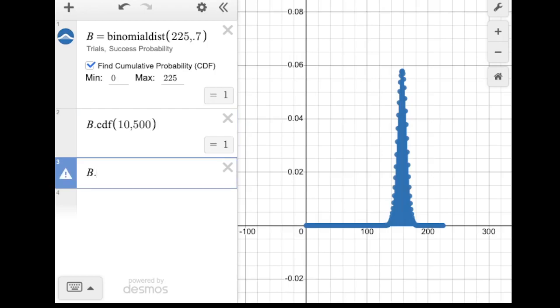We want a single number, exactly 170, so binompdf, the probability density function, for Y equal to 170 successes. And that comes out to be about 1%, 0.011.